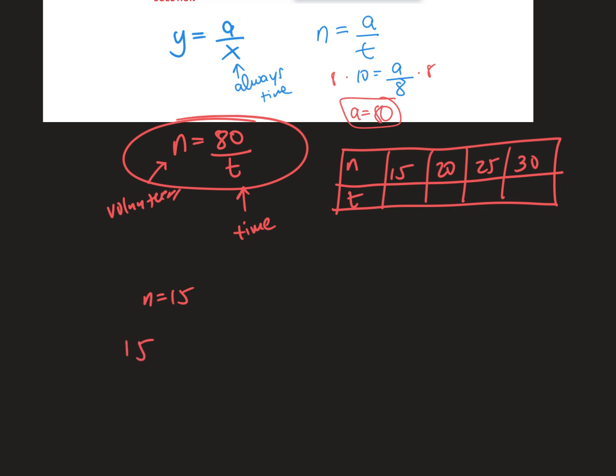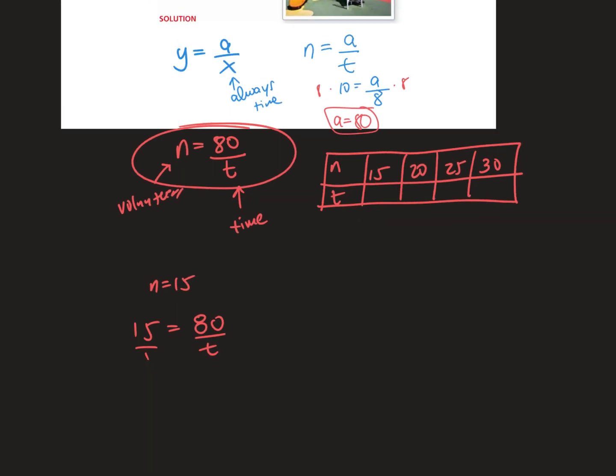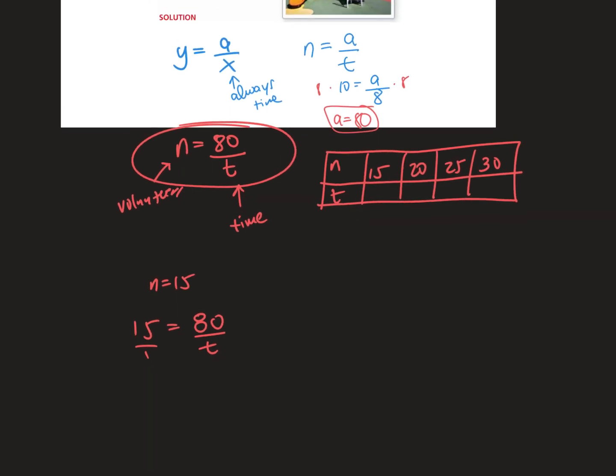Okay, so 15 equals 80 divided by t. I have a fraction equal to a fraction. How do we answer a question like this? Algebra 1. Fraction equal to a fraction, we can cross multiply. So 15t equals 80.